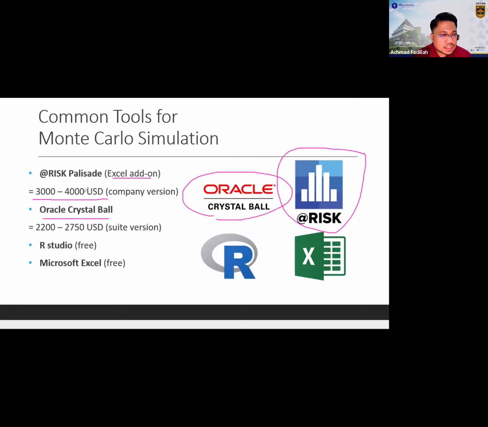The price is almost half of @Risk Palisade, but with the suite version, you can also subscribe for the ultimate or premium one. There's more than this, and that's also quite expensive, using the current currency between USD dollar and rupiah.